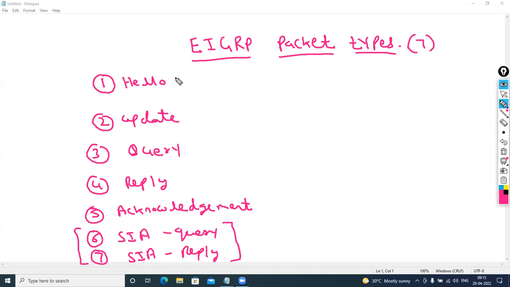So now, why the hello packet? The first packet is used to form and maintain, or we can call it establish and maintain, neighbor adjacency.